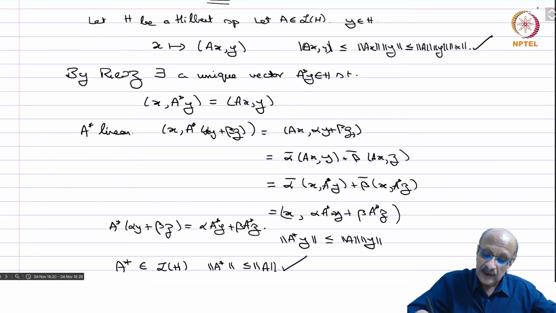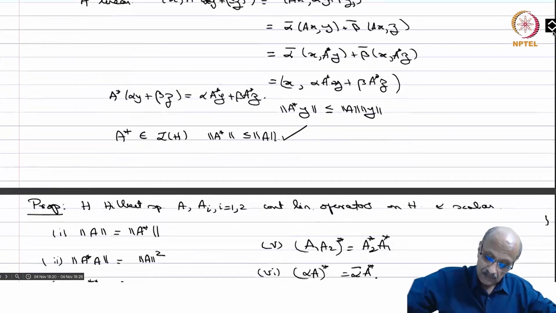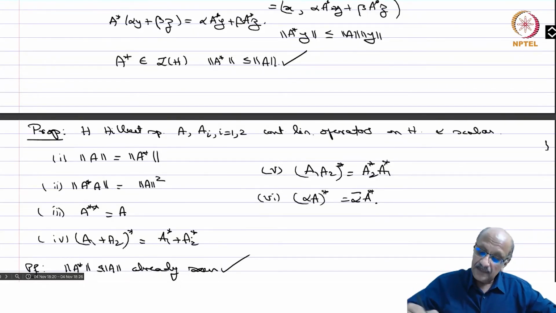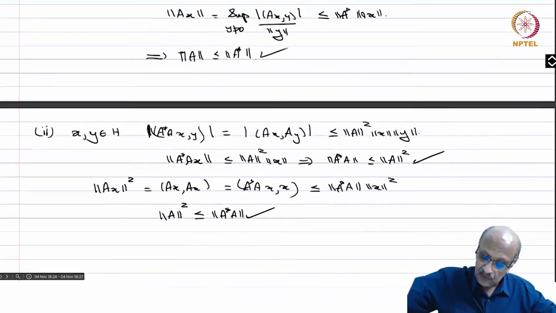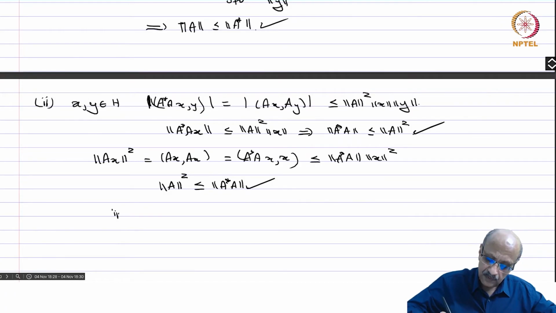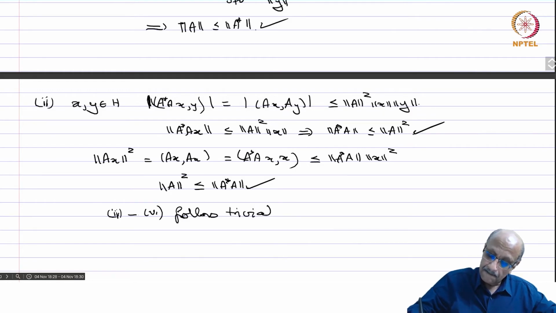You immediately see that A double star is equal to A. And the fourth one, for the sum, again, all these follow immediately and trivially from the defining relation.